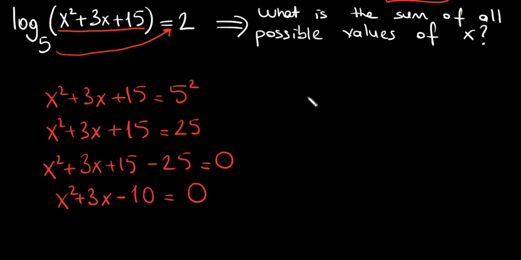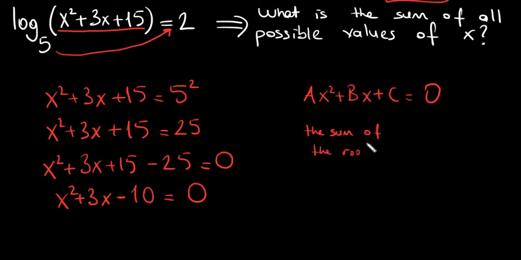If we have a quadratic equation in the form of ax squared plus bx plus c is equal to 0, then the sum of the roots, that means the sum of all possible values of x, is going to be, let me write here, the sum of the roots, the solutions, is going to be negative b over a.